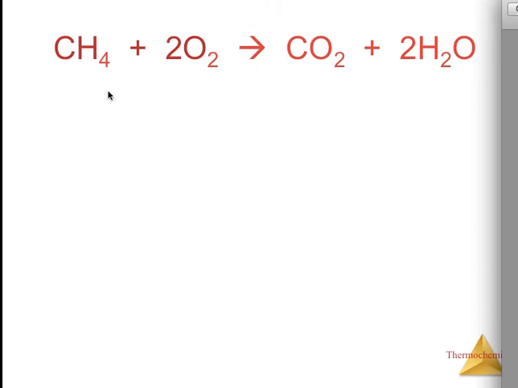First thing we have to do is look at what bonds are actually in these compounds. That requires drawing Lewis structures. Hopefully you remember Lewis structures. CH4 would look like this.